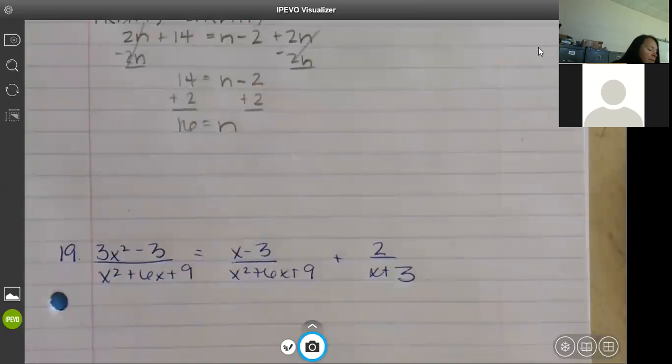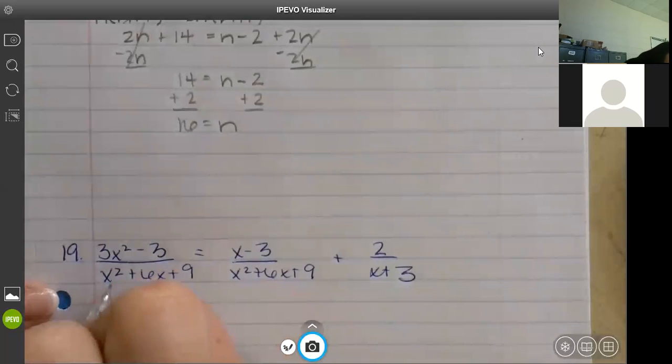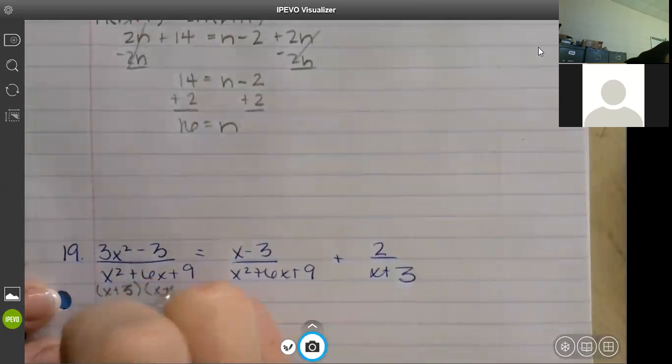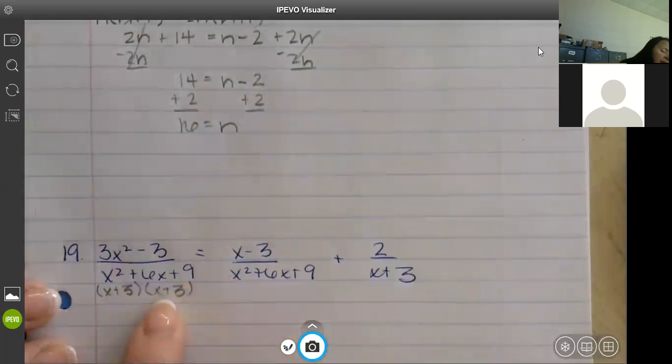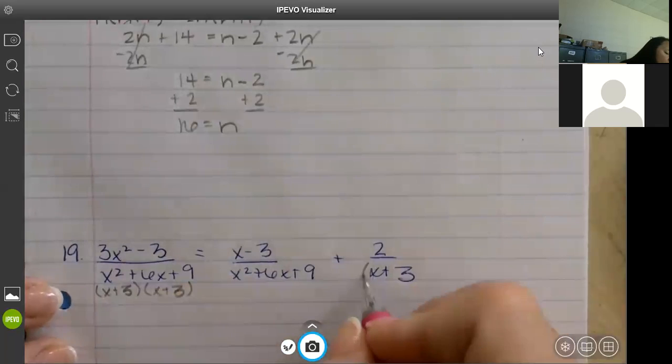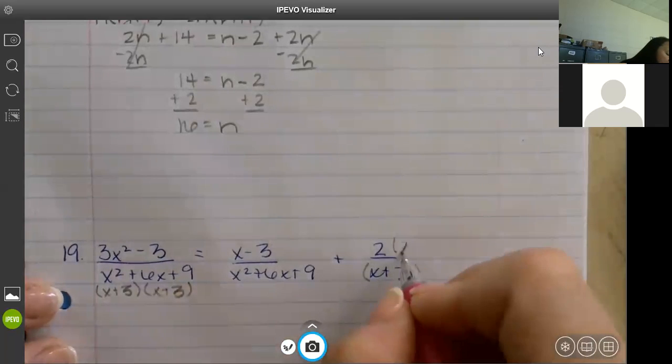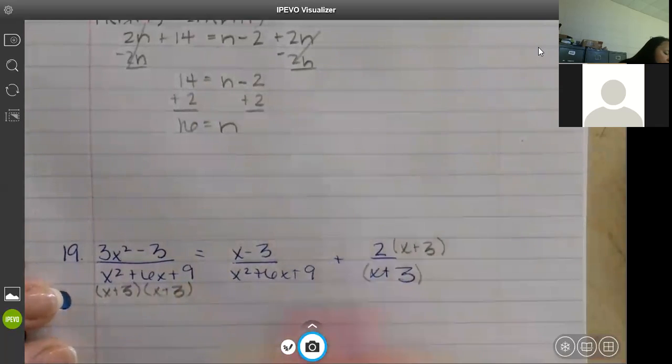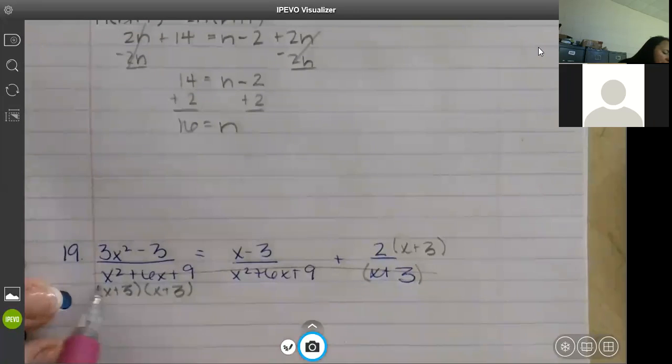So when we look at our denominators, we can factor this x squared plus 6x plus 9 into x plus 3, x plus 3. So this one has 2 x plus 3s. This one is going to be the same way with 2 x plus 3s. But this one only has 1. So we need to give it the other one. And then we have a common denominator.